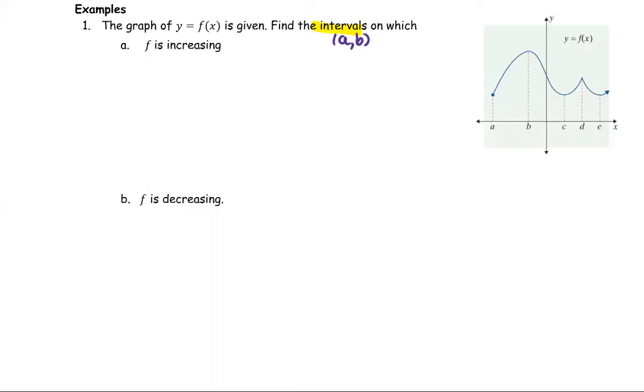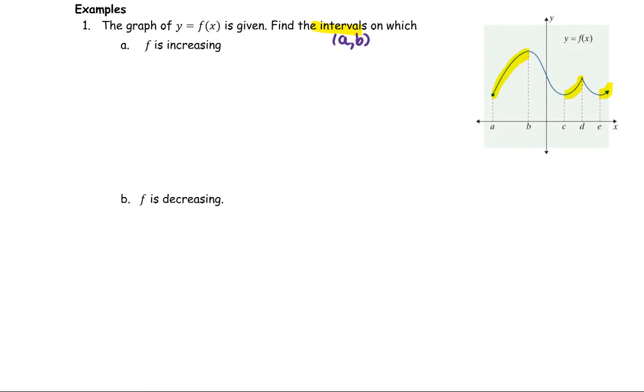For the graph, the portion that the graph is increasing, let's work from the left to the right. From point A to point B, yes, the graph is increasing, and then decreasing, and starts to increase again from C to D and after E and so forth. So we have three intervals where the graph is increasing.